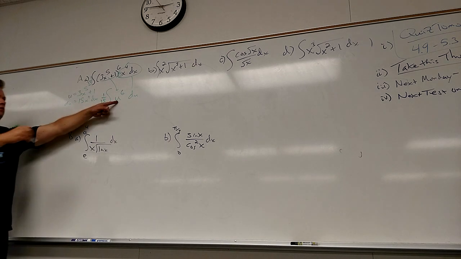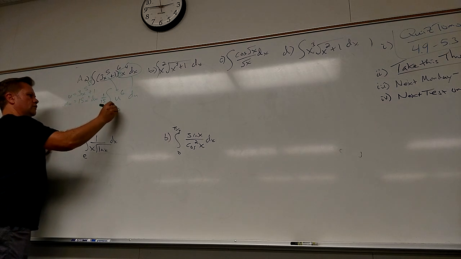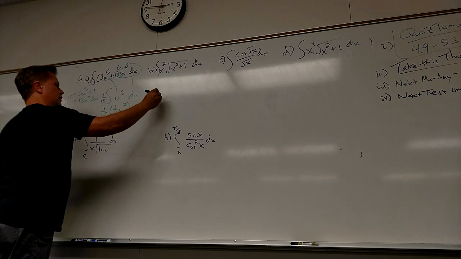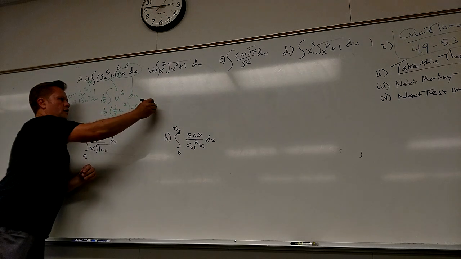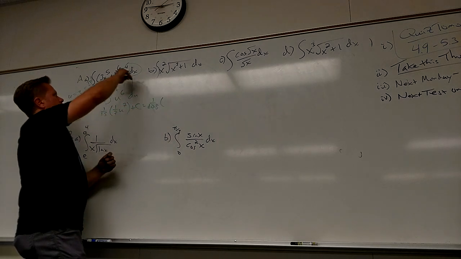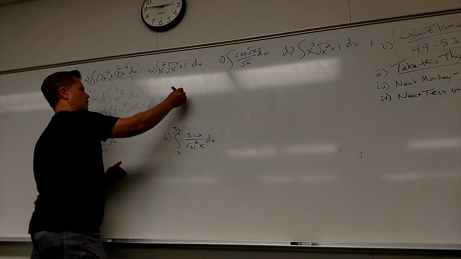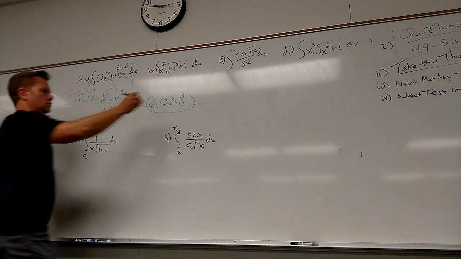And then the integral of u to the 6th is 1/7 u to the 7th. And then I've got 7 times 15, so 1/105 u to the 7th, u was this guy, plus c.